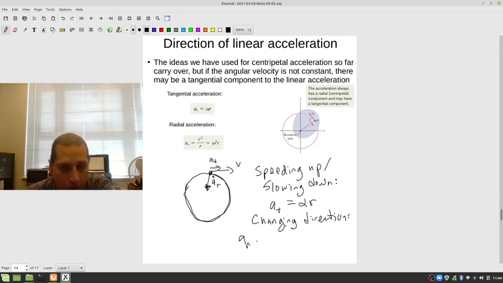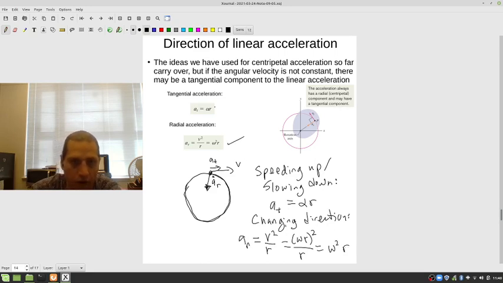Here we call it our radial acceleration. The size of that was v squared over r. Now v is still omega times r, so I could just write this as omega times r, squared, over r. This is omega squared times r squared. R squared divided by r is just r, so this would be omega squared times r, which is what I've written right there. So the thing to notice is that these vectors, the tangential part and the radial part, are perpendicular to each other. So you can consider each individually.